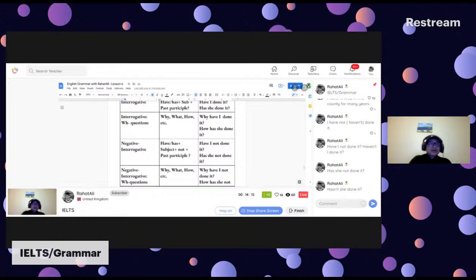All right, guys. So the next one is negative interrogative with WH questions, like why have I not done it, or if you contract it, why haven't I done it? So this is the example. Now in contraction form, if you remember, why haven't I done it?